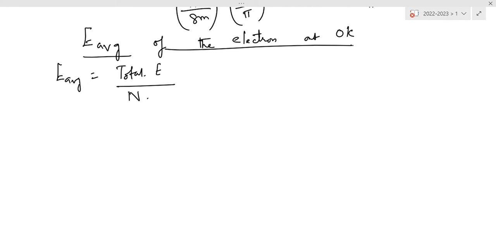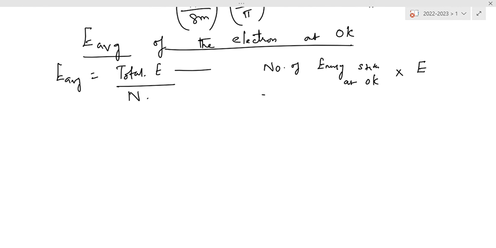So the formula to find total energy is how many energy states are available at 0 Kelvin times the energy of the electron. That has to be considered here.